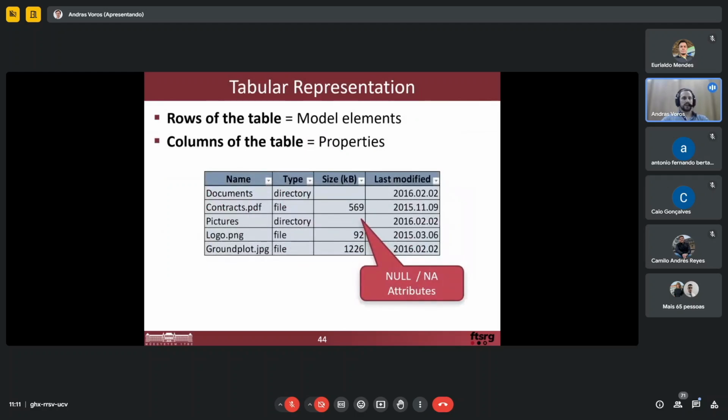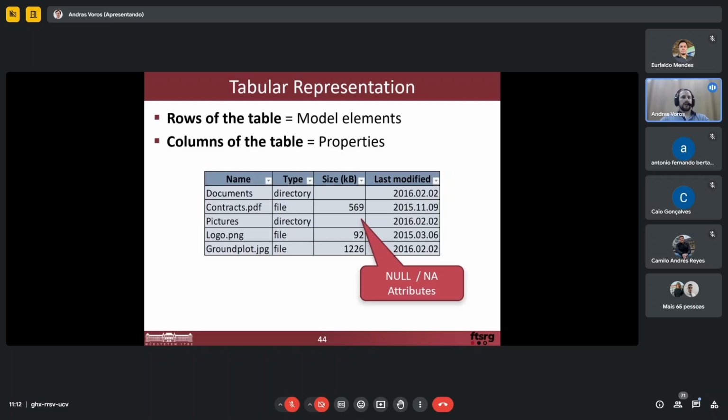Let's see it in our example. If we consider the structural models in a tabular representation, and I bring this tabular representation because in many cases people just think about structural models as graphs, but actually they can be represented in a tabular form, and it's very important to know and use.